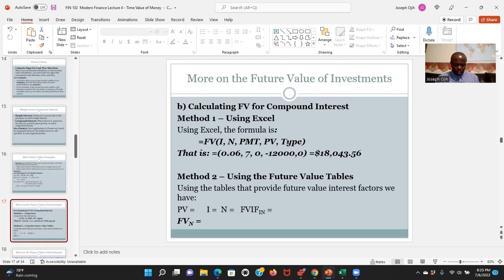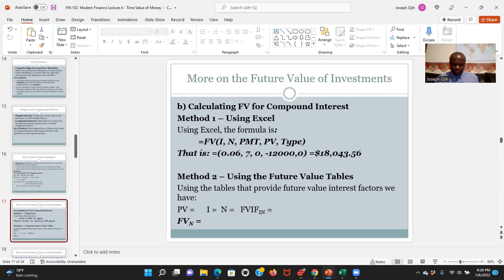Our interest is 6%. Then our number of years is 7 years. Payment, there's no payment made during that time, so you just type in 0.